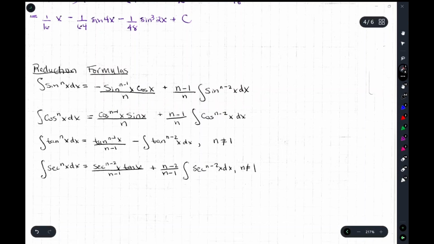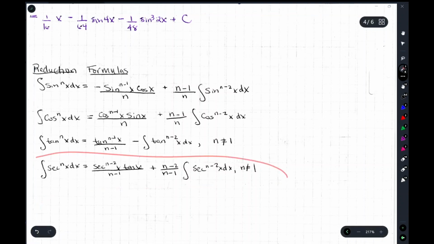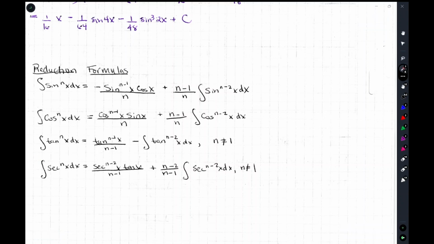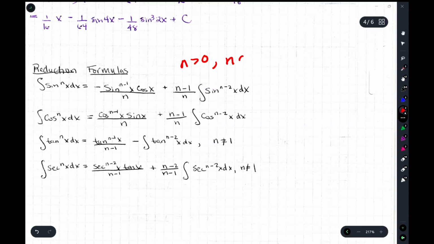And if n does not equal 1, you have these reduction formulas there. So you could use these reduction formulas once you've gotten used to the integration techniques. We'll emphasize here that n is a positive integer, so n is greater than 0 and n is an integer, so it's in the natural numbers.